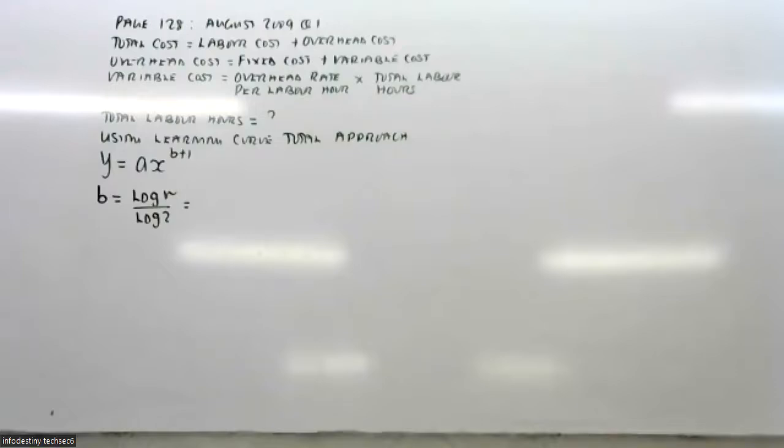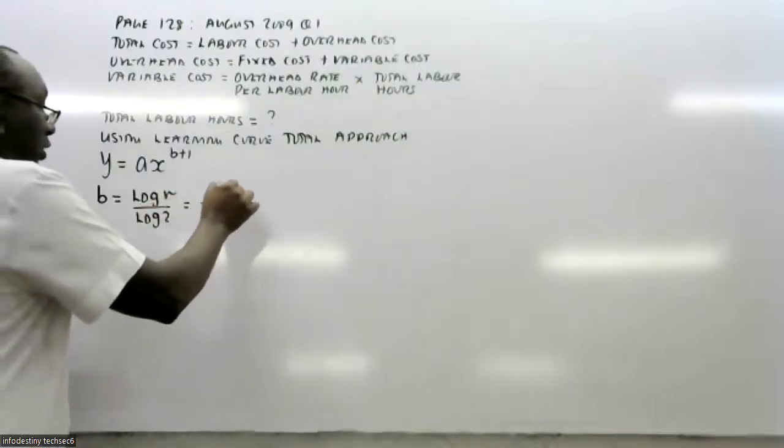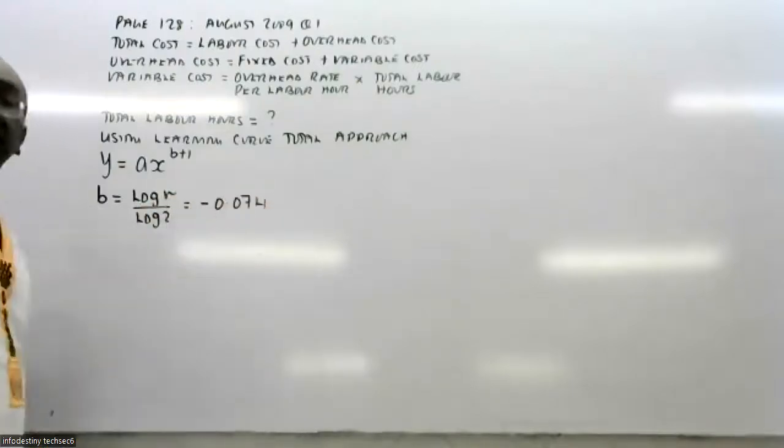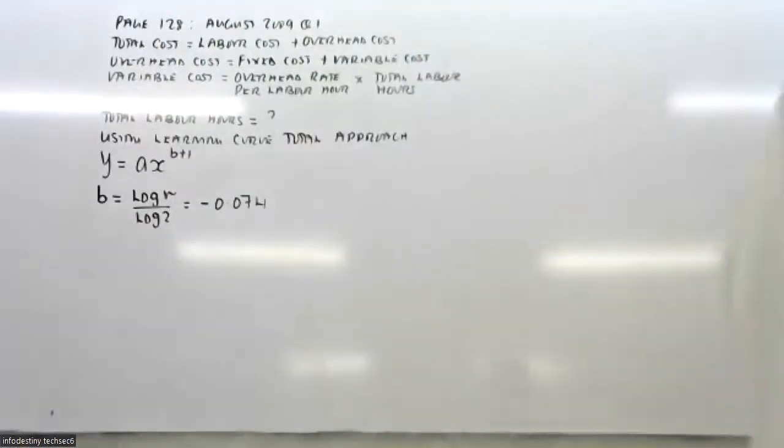I was saying the examiner should have given you minus 0.074. It is already provided there. You can see the 0.074 is supposed to be negative; the minus is missing as a typo.